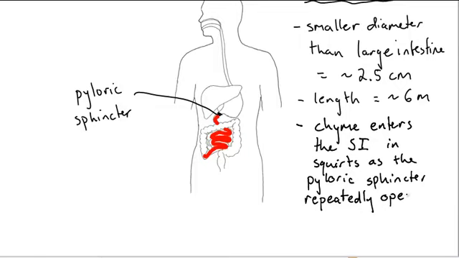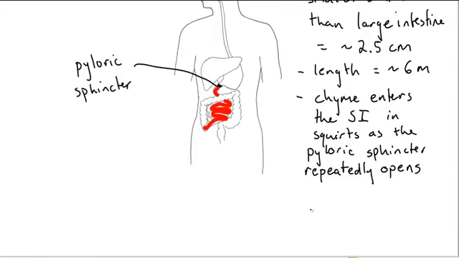So your contents from your stomach don't all immediately pass into your small intestine. They pass through in little bits and pieces so that they can be mixed up with the contents of the small intestine and actually absorbed.